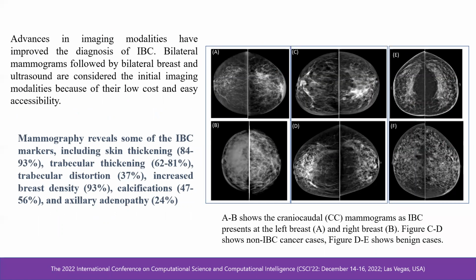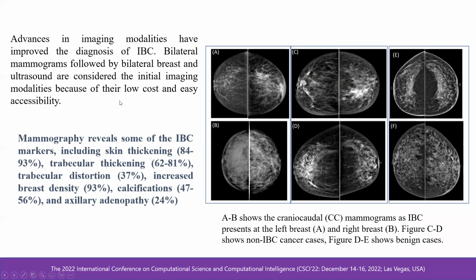Advances in imaging modalities have improved the diagnosis of IBC. Bilateral mammograms followed by bilateral breast ultrasound are considered the initial imaging modalities because of their low cost and easy accessibility.